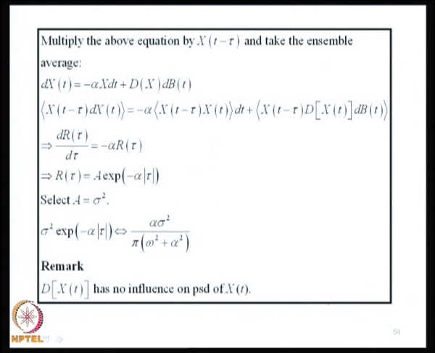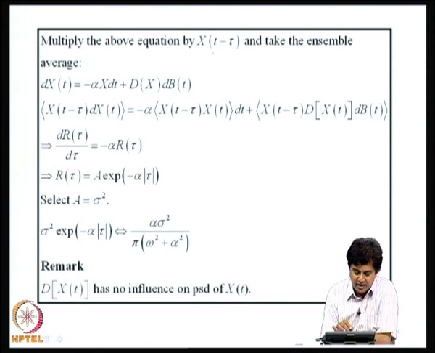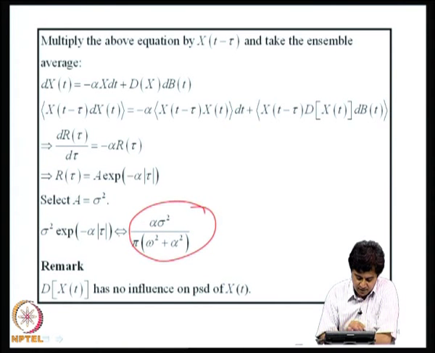So, how do we do that? We can start by multiplying the first of the equations by x of t minus tau and take the ensemble average, and from this we get the equation for the covariance function in steady state, and we can show that the covariance function is of the form a exponential minus alpha mod tau, and corresponding to that I have this power spectral density function. That means this alpha I should have written as alpha star.